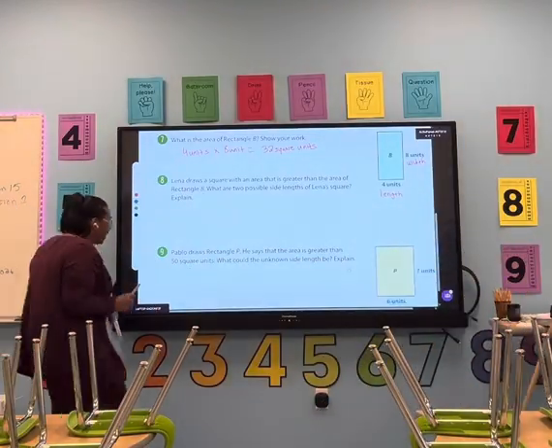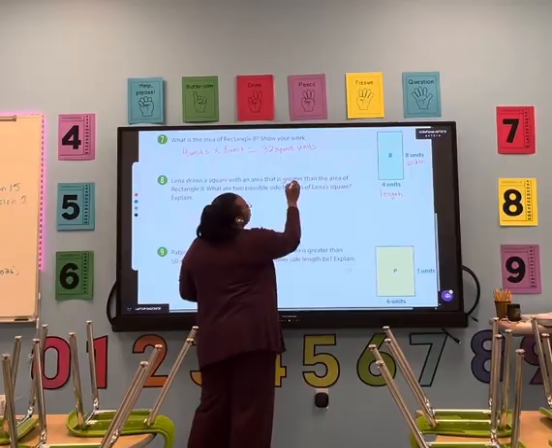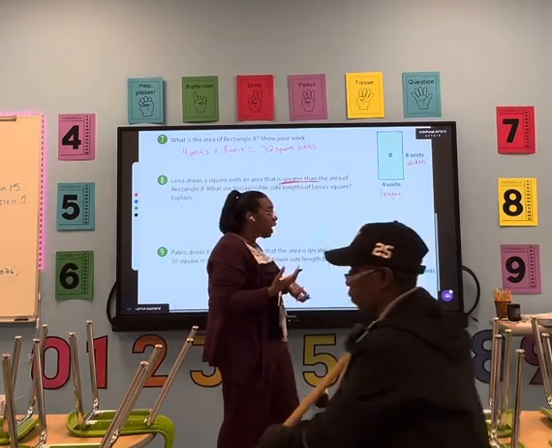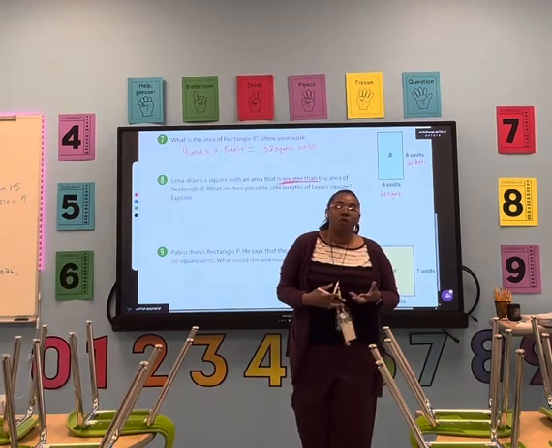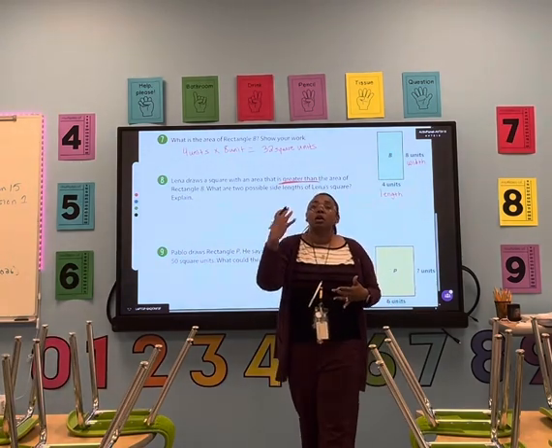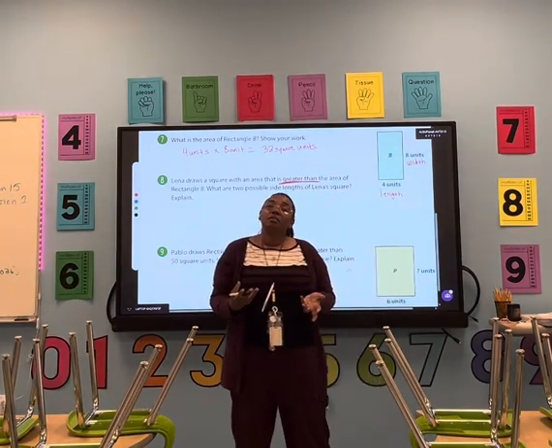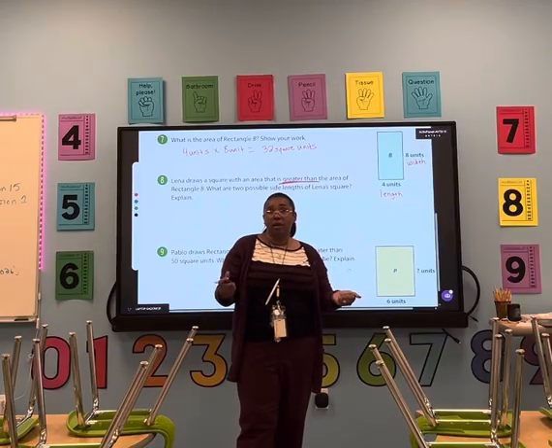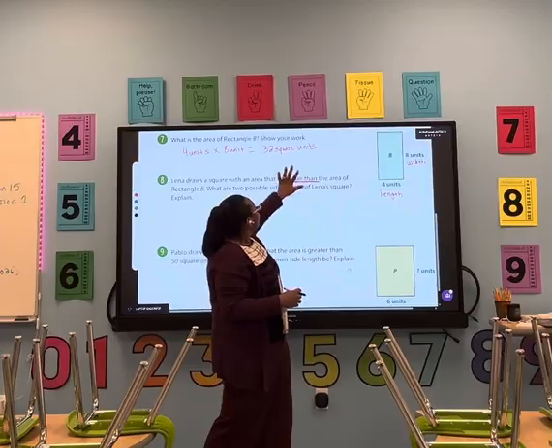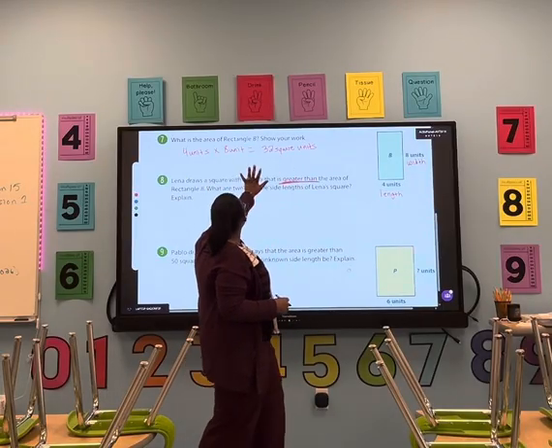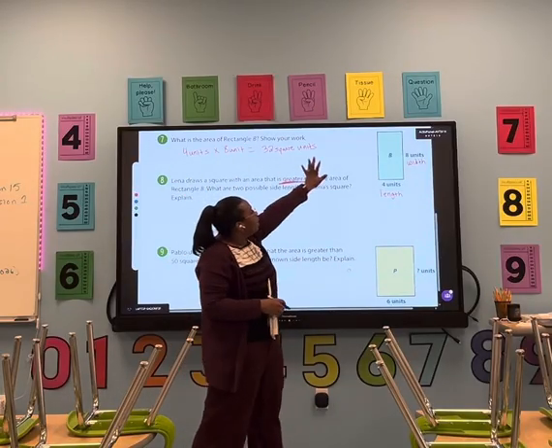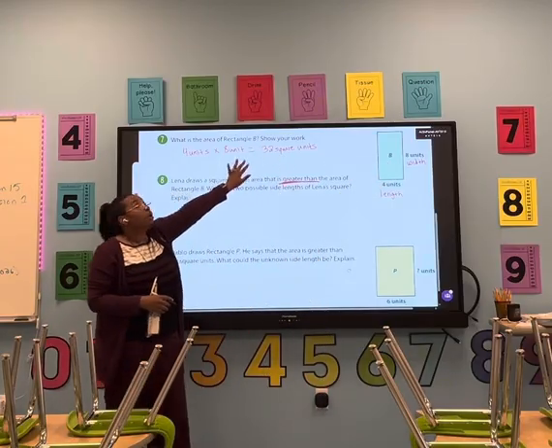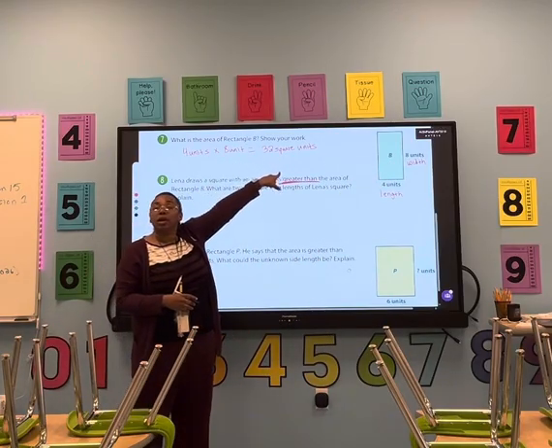First of all, let's look at this phrase greater than. We have to be able to understand what they're asking us so that we know what to do. Greater than means bigger. It's going to be larger, more than. So they want it to be more than the area of rectangle B. Well, the area for rectangle B was 32 square units.